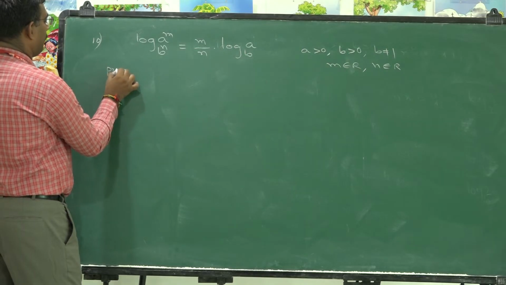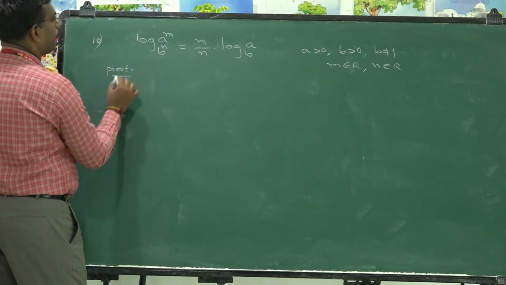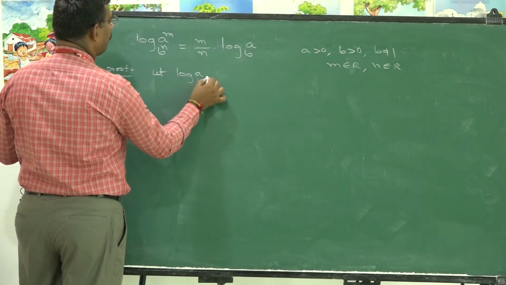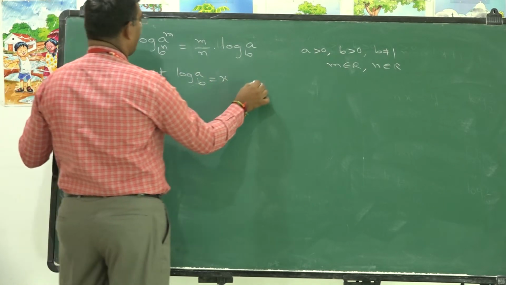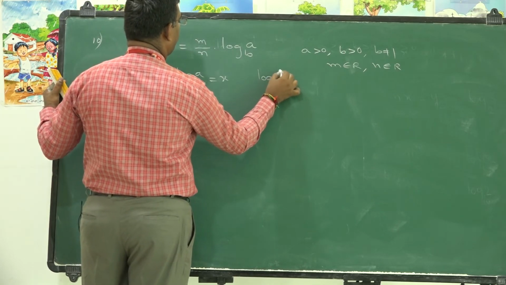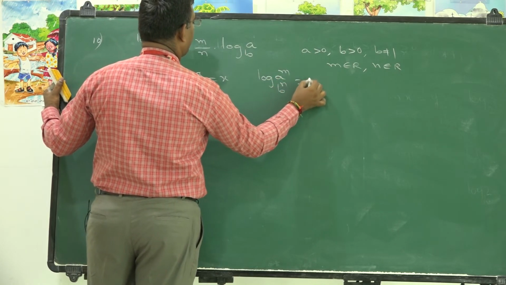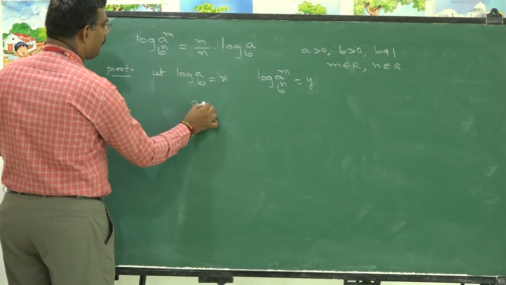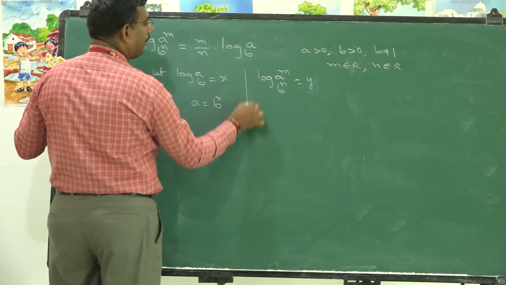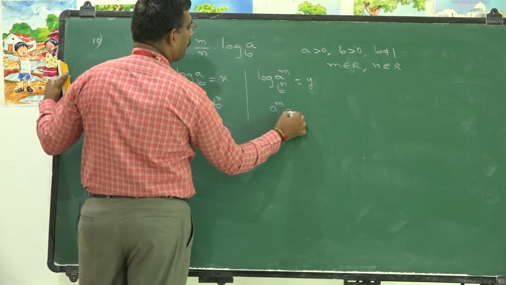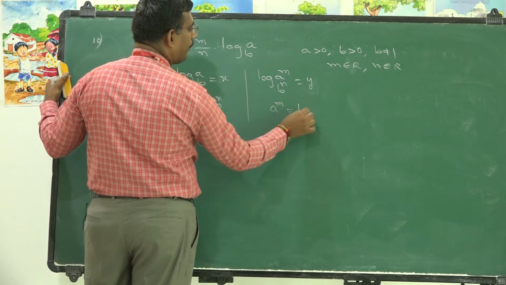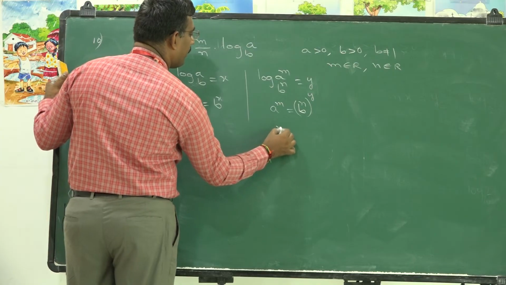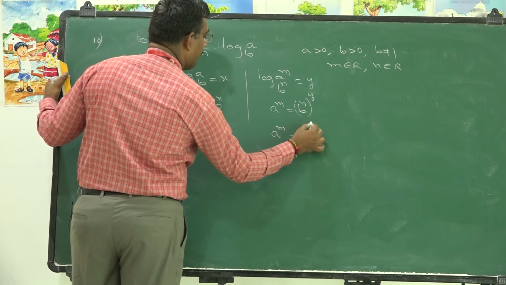Proof. Let log a base b is equal to x and log a power m base b power n is equal to y. So here a is equal to b power x. Here a power m is equal to b power n whole power y. So a power m is equal to b power ny.